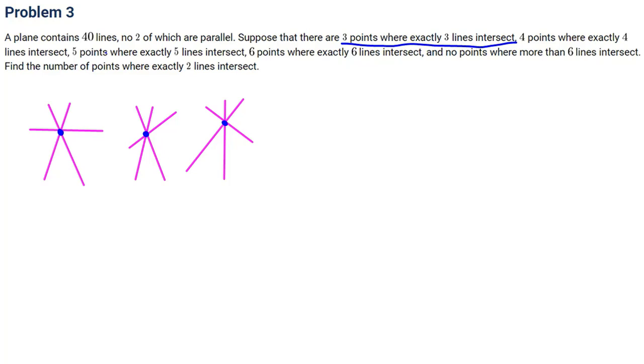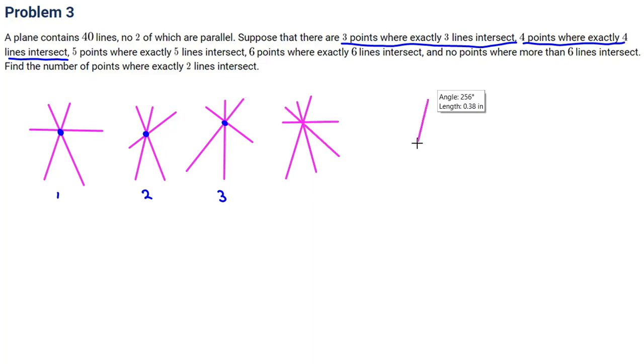So before solving this, let's read. It says 4 points, so first 1 point, 2 points, 3 points, and then 4 points where exactly 4 lines intersect. So you have how many of these, 1 to 4.